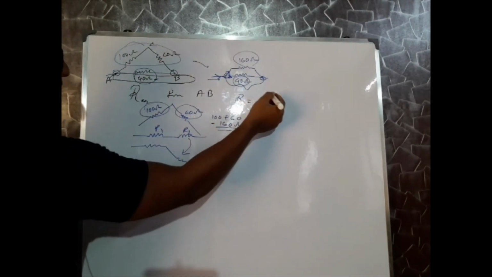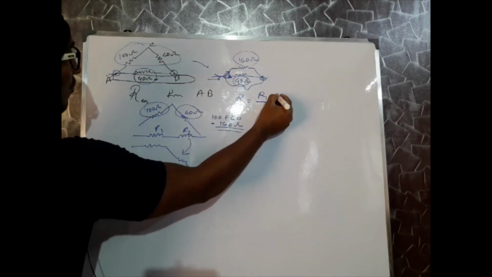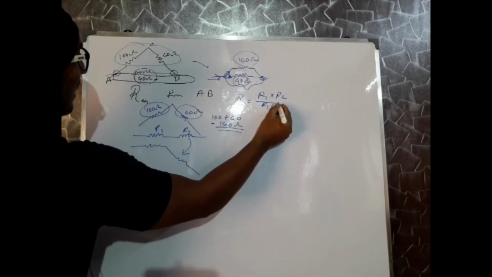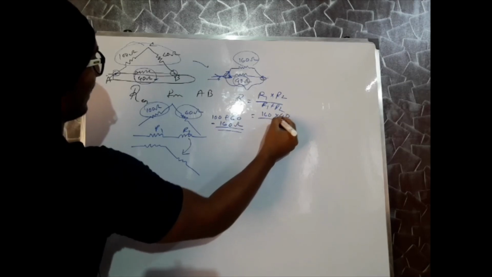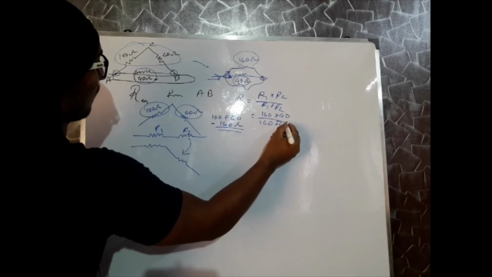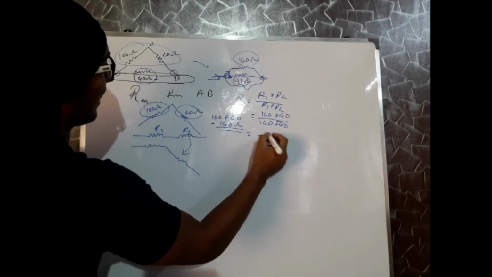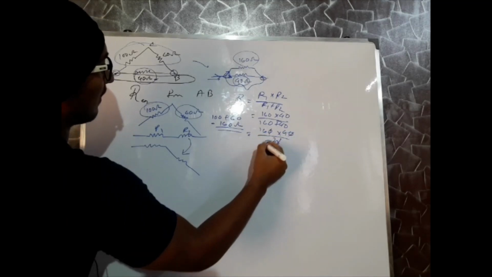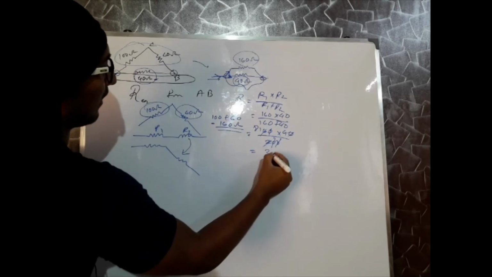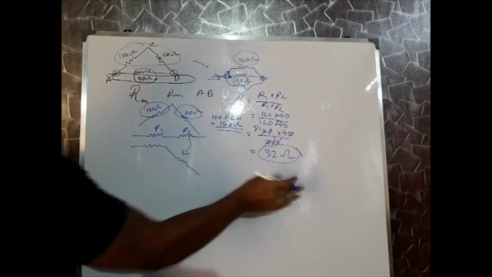So R1 into R2 by R1 plus R2, that means 160 into 40 by 160 plus 40. So that is 200 here, and that is 40. So 32 ohm. That is your answer.